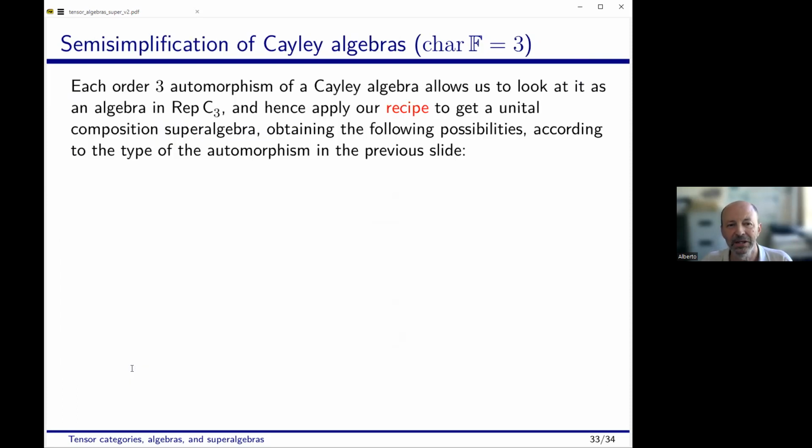And what happens is that for each one can think of the Cayley algebra as an algebra in the category of representations of C3 and take the semisimplification and get the corresponding superalgebras.